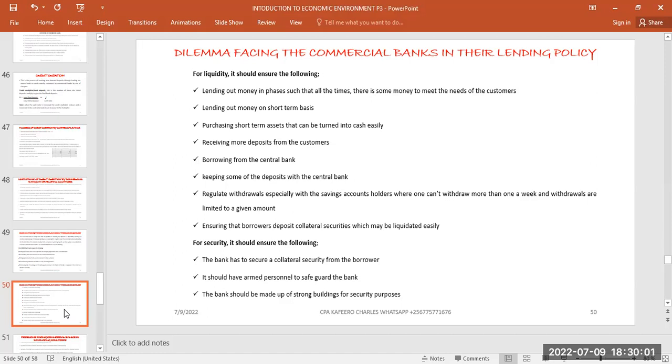Then the last one is to make sure that those banks are in places that own buildings which are very strong, so that you don't expect that the building is destroyed and people have lost their money.